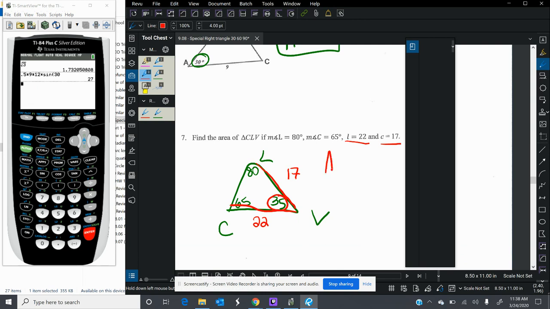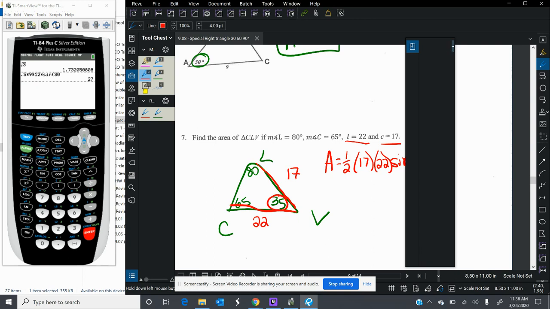So here, this piece, we're going to use a half, 17 times 22 times sine of 35 degrees.